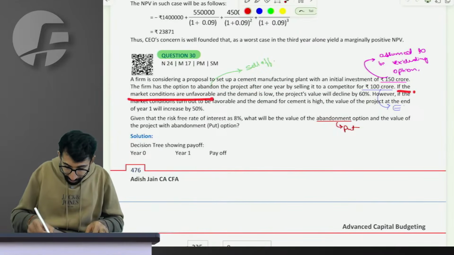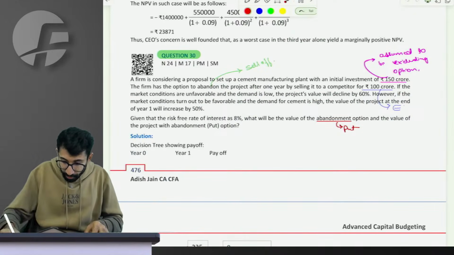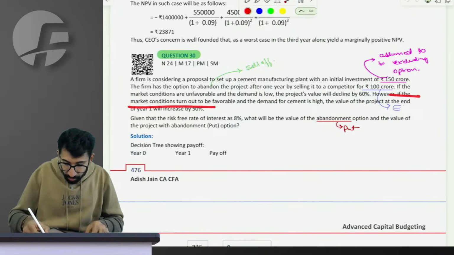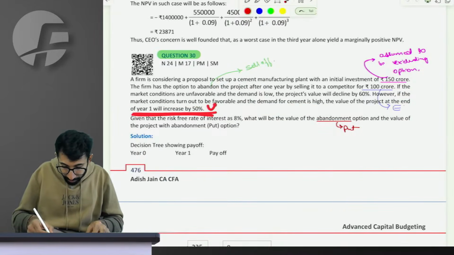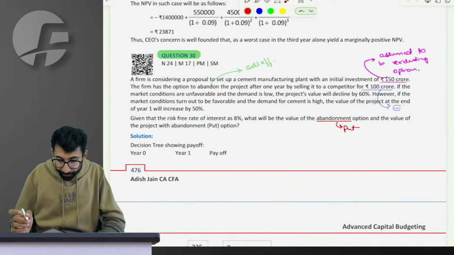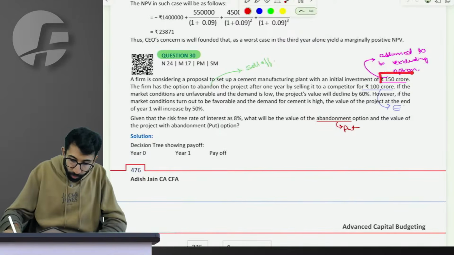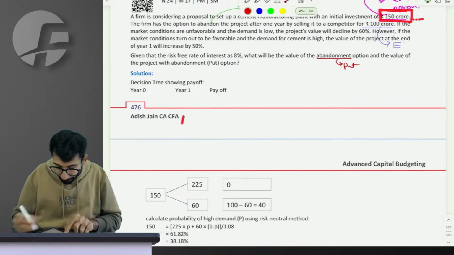If the market conditions are unfavorable, demand is low, the project's value will decline by 60%. However, if the market condition turns out to be favorable, demand is good, the project value will increase by 50%. At 0 point, you make a 150 crore investment.